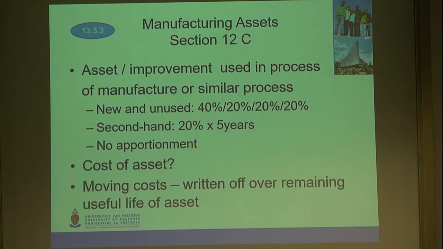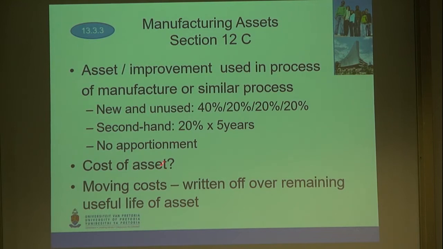So you always have to identify whether the company or the business is purchasing a new or a second-hand manufacturing machine. Because new will be 40% and then the 20%, and second-hand will be a straight 20%. So keep that in mind.